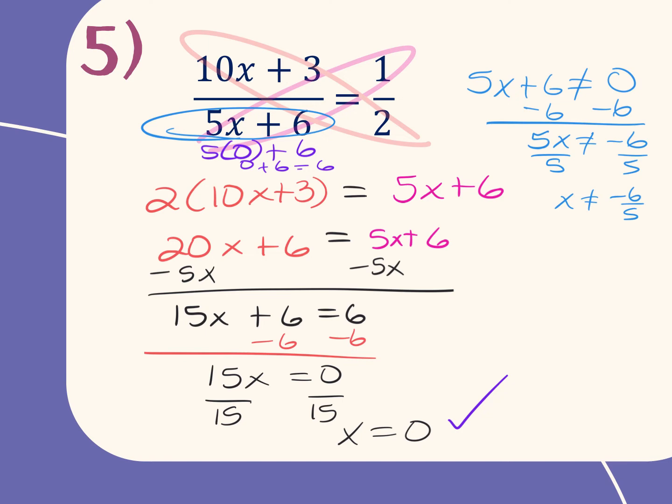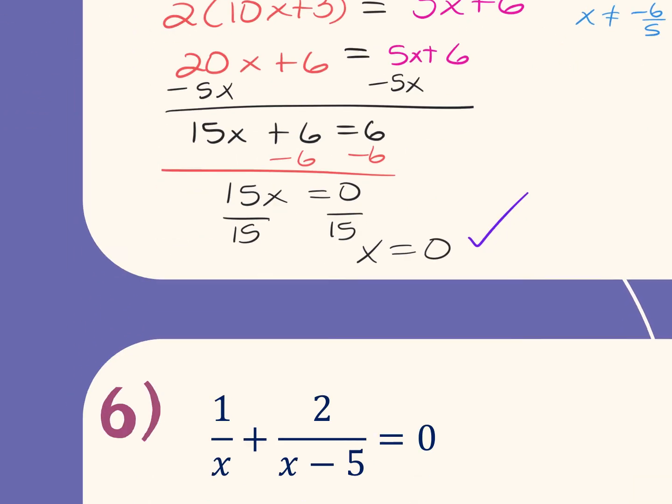So if I would have gotten negative 6 over 5 as my answer, then the answer to this question would have been no solution. So you can either do that initially, figure out what x cannot be, or you can just solve it like normal and then plug it in. You have to check for extraneous solutions.